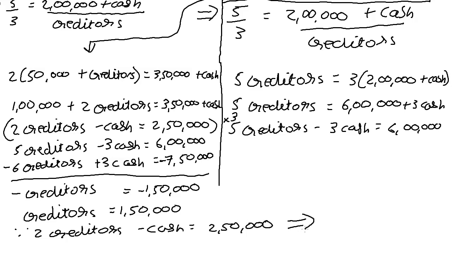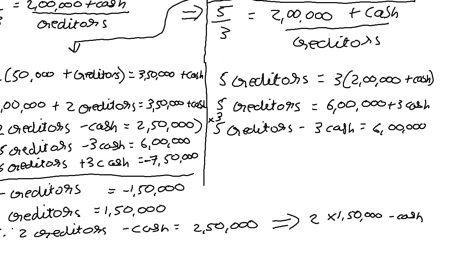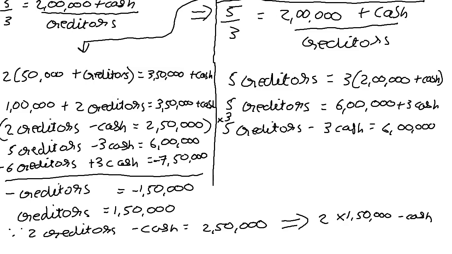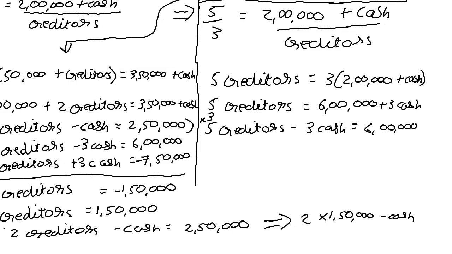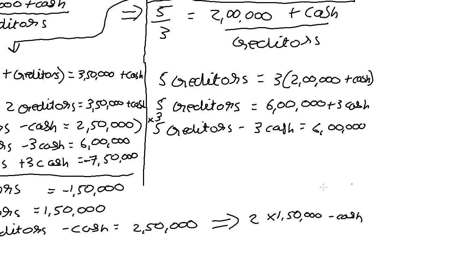Okay, that implies 2 times 1,50,000 minus cash is equal to 2,50,000.